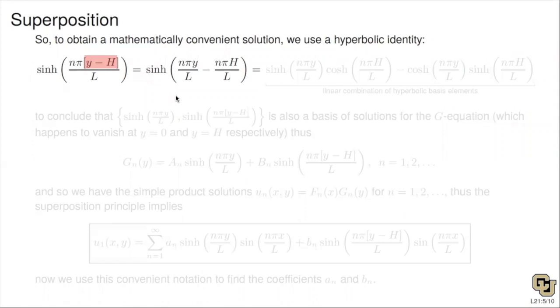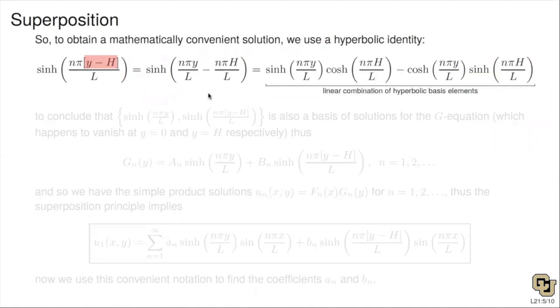And now, just like we have sum and difference formulas for sine and cosine, we have sum and difference formulas for the hyperbolic sine. I don't remember if I put it on the review sheet, I can't remember, but it's the same idea that we have these identities. So using the identity for sinh, we can rewrite sinh of n pi y minus h over L. And so this is the part now.